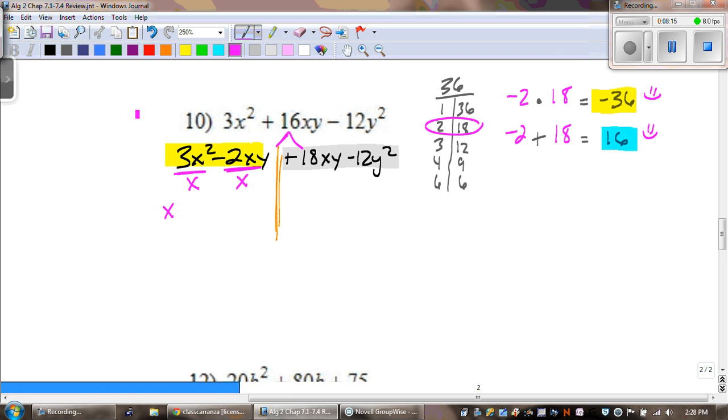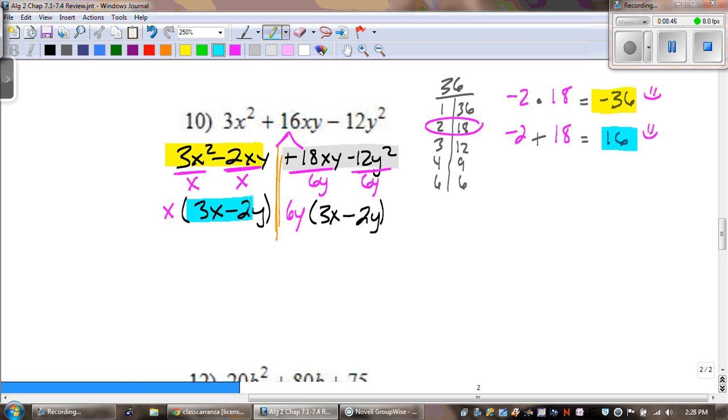The GCF comes out front, and then we're left with 3x minus 2y. And the GCF of the back, the gray, we can take out a 6, but we can also take out a y. So the 6y comes out front, and then when we divide, we get 3x minus 2y.